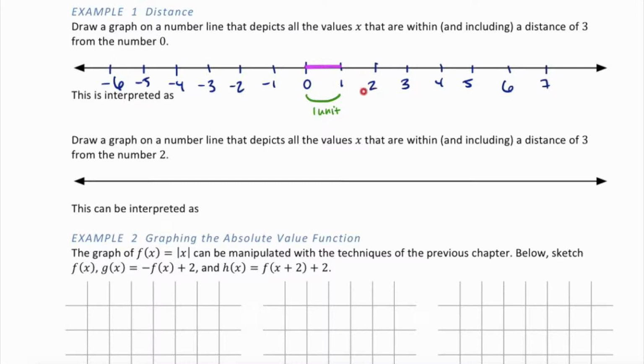What about the number 2? Is this within a distance of 3? Let's figure that out. 1, 2. It is a distance of 2 units. So it is definitely within a distance of 3 from the number 0. So this can also be included on our graph.